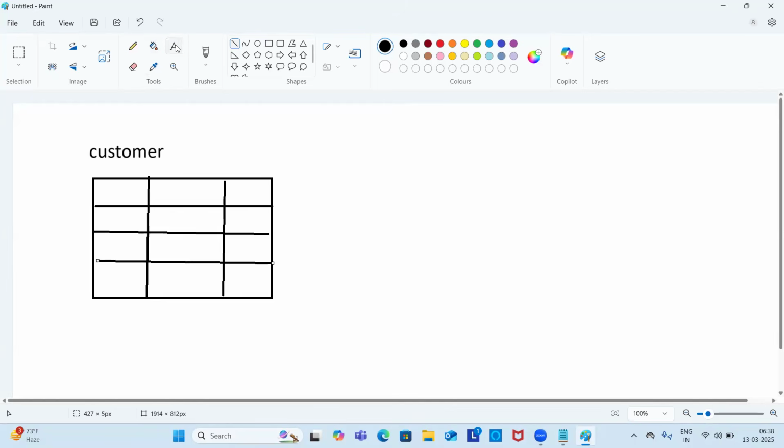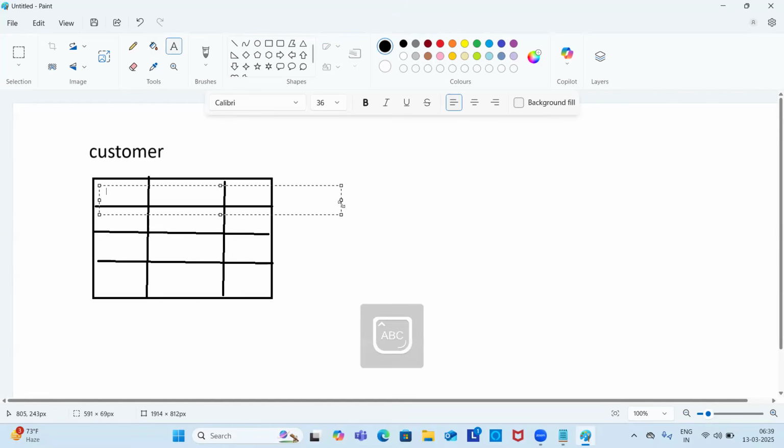Inside the database, you store the data using this table: customer ID, customer name, customer city, customer age, something like that.